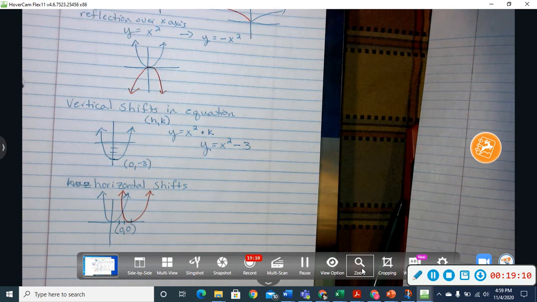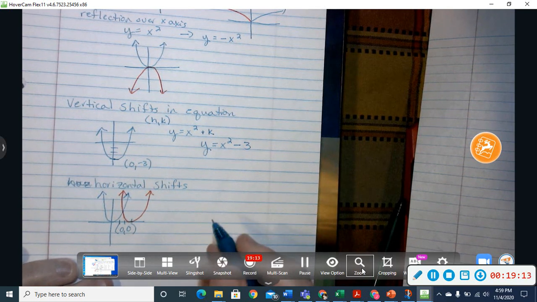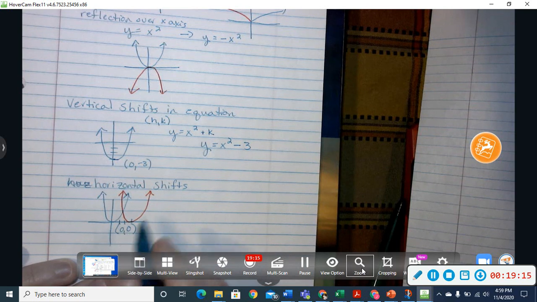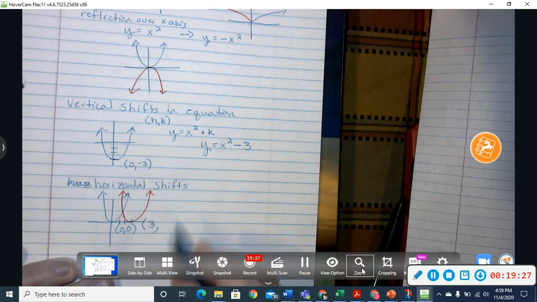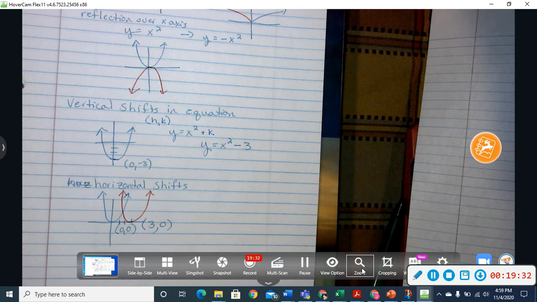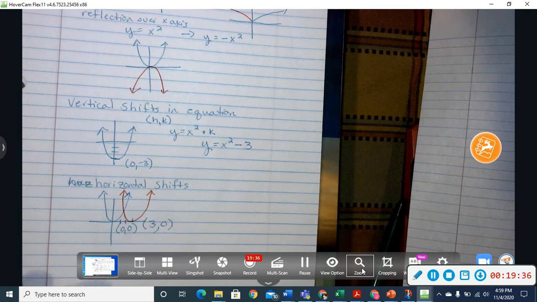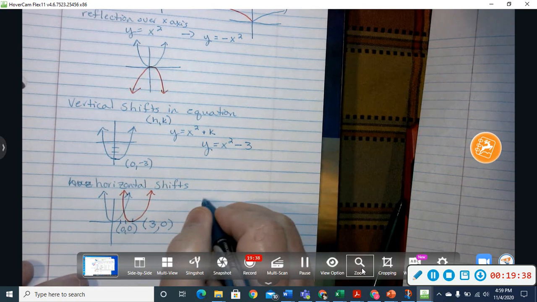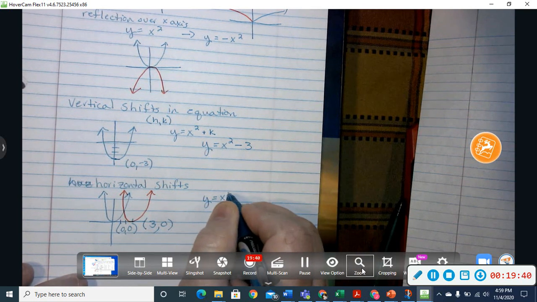The graph only shifts to the right. That makes the vertex become, in that shift, it's going to change the x value, so that becomes positive 3. It didn't shift up or down, so that's (3, 0). Now this is the tricky part, is in the equation y equals x squared.